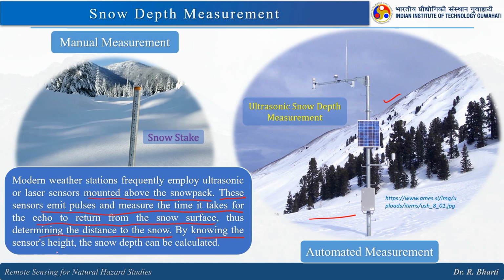By knowing the sensor height, the snow depth can be calculated. It releases the pulses and measures how much time it has taken to come back to this particular sensor, and then it will have the information about this height, and then it will calculate how much change there is in the snow on this particular surface.